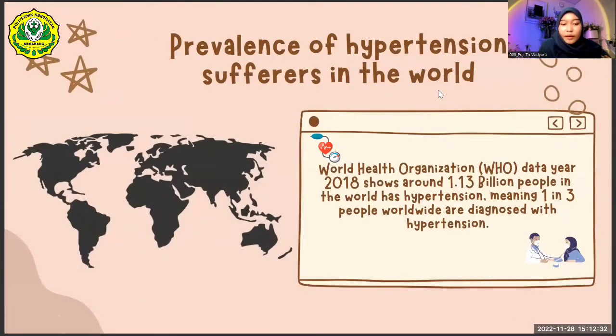Okay, many people in the world do not realize that they have hypertension. So, what is the prevalence of hypertension in the world? From World Health Organization data, in 2018, around 1.13 billion people in the world have hypertension, meaning 1 in 3 people worldwide are diagnosed with hypertension.